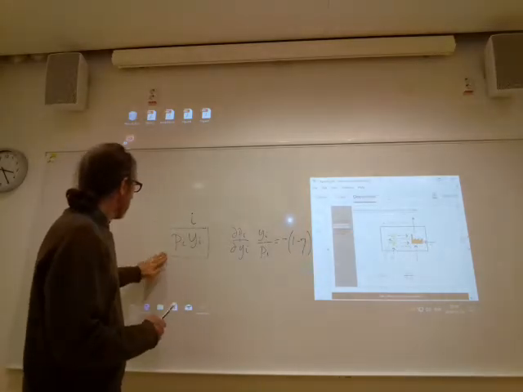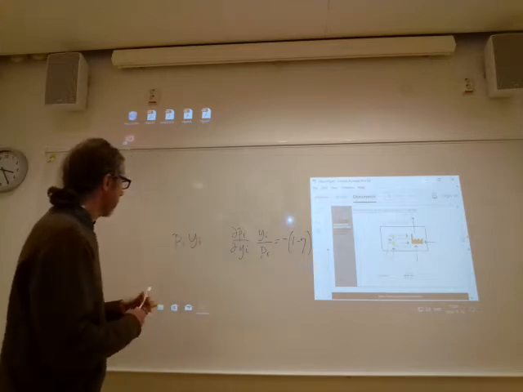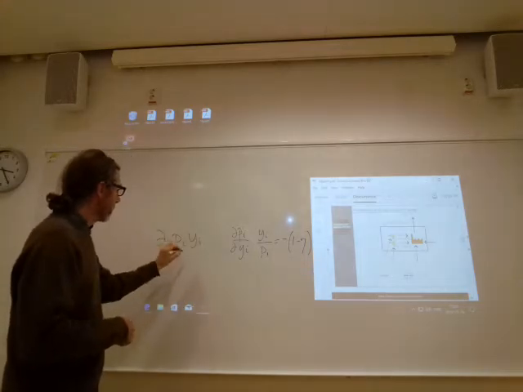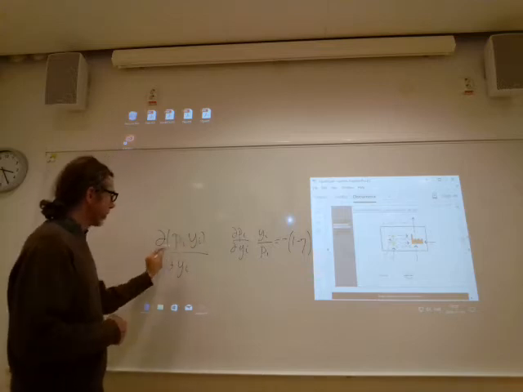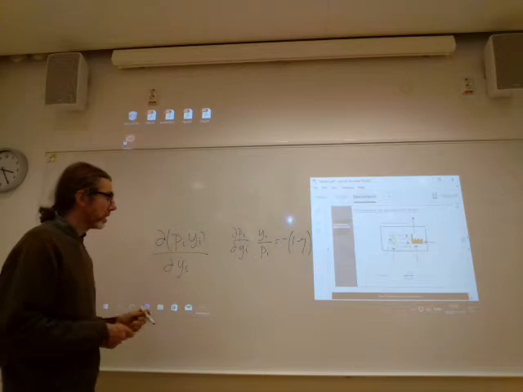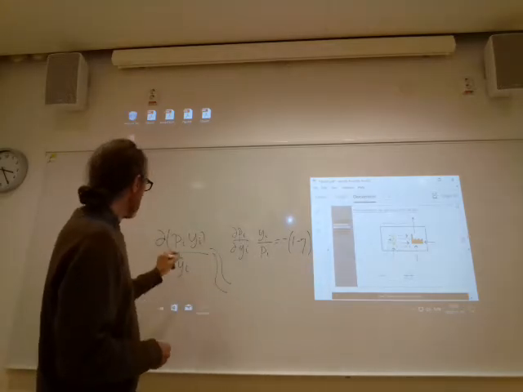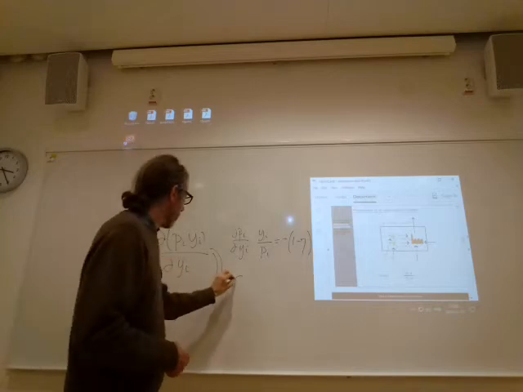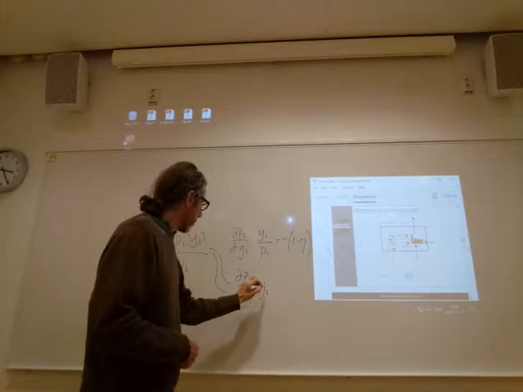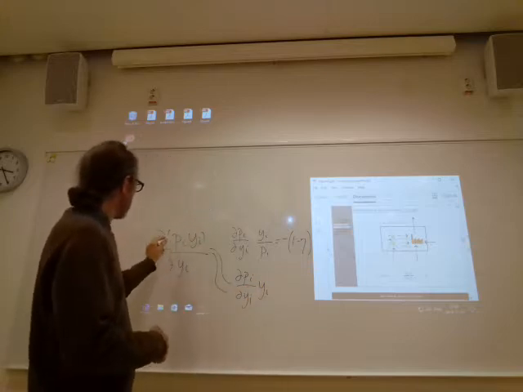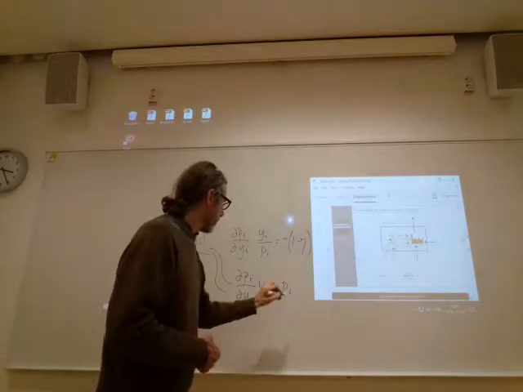Now, what's the link between this and marginal revenue? Marginal revenue is d(pi yi)/dyi, isn't it? How much does revenue change when production goes up? That is dpi/dyi times yi plus dyi/dyi times pi, which is just pi.